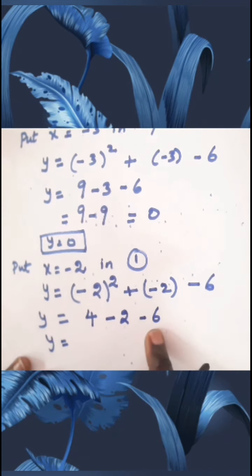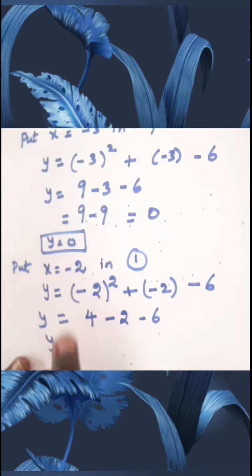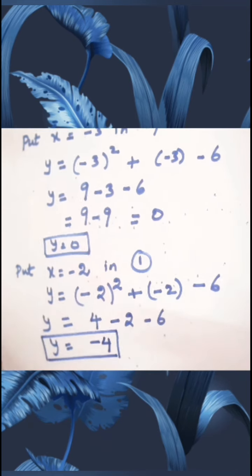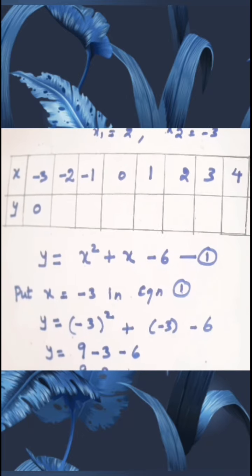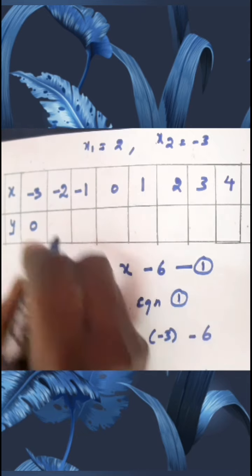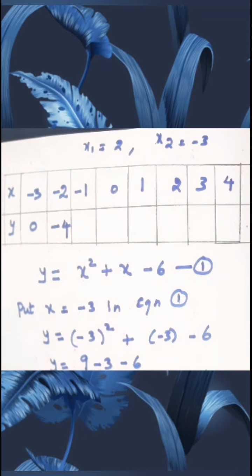So minus 2 minus 6 is minus 8. Minus 8 plus 4 will give you negative 4. When x is equal to negative 2, your y value is negative 4. Okay, I'm filling it in now here. When x is negative 2, what is the y value we got? Negative 4.